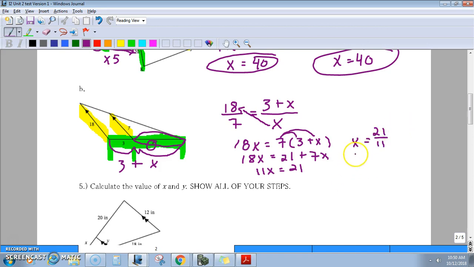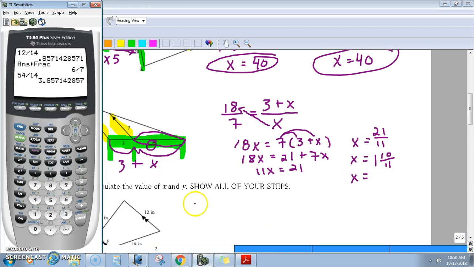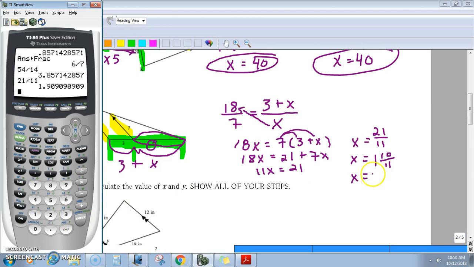We can turn this into a mixed number by saying 11 can go into 21 once, and there's 10 over 11 left. Or we could just put it in the calculator, and we get a decimal: 21 divided by 11 equals 1.909.